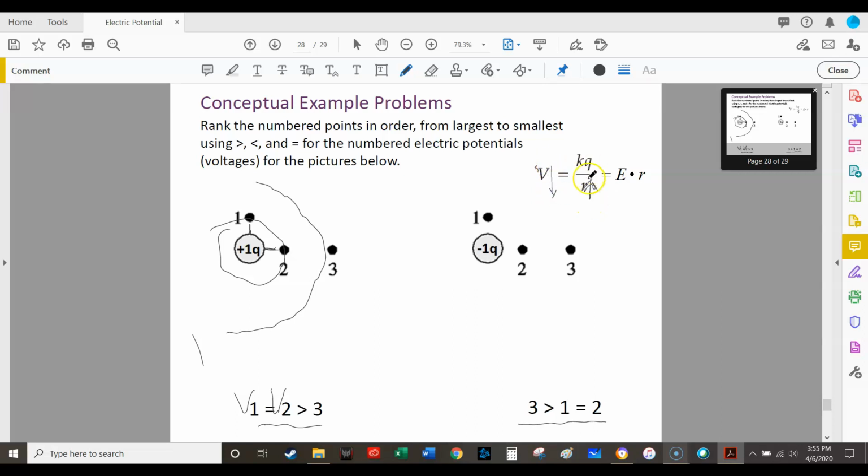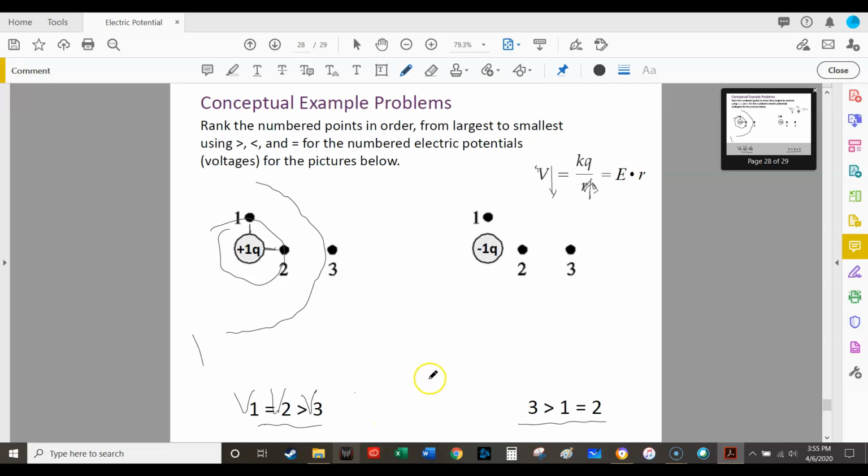As distance increases, voltage decreases. The further you get from the source, eventually the voltage will become 0. The same thing happens with the charge on the right-hand side, so voltage 3 is the weakest of those.